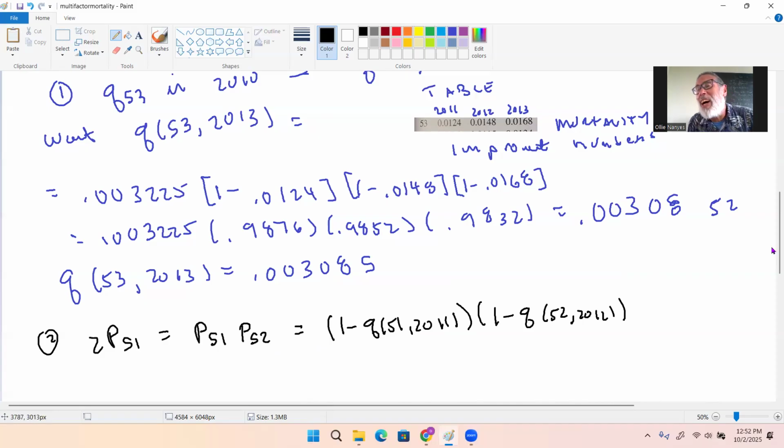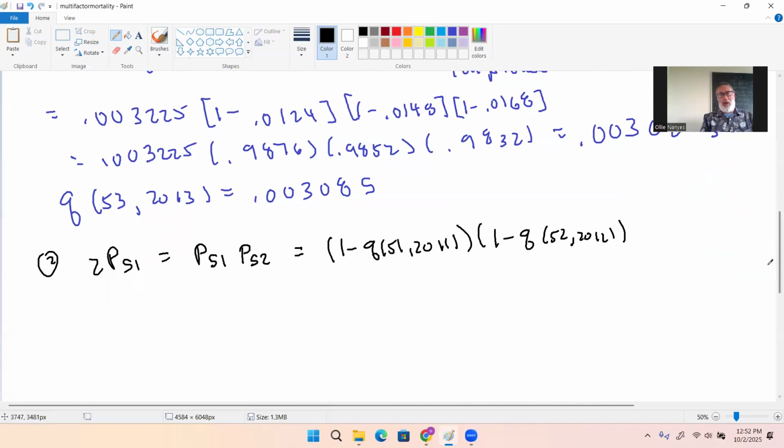Now let's write this out in full actuarial notation, and then we'll put in the numbers. Remember, our baseline is 2010. Then it's multiplied by the mortality factor for a 51-year-old in 2011, so we've had 1 year to improve our mortality.